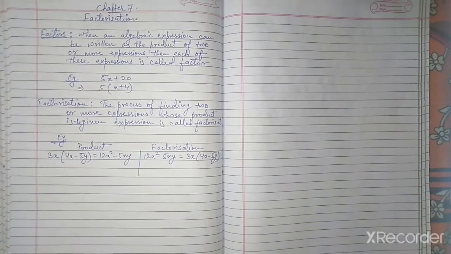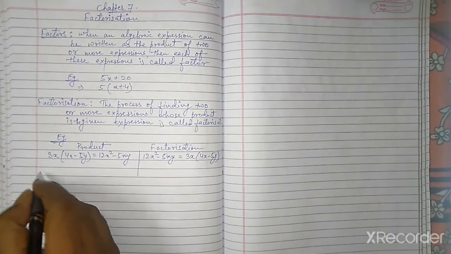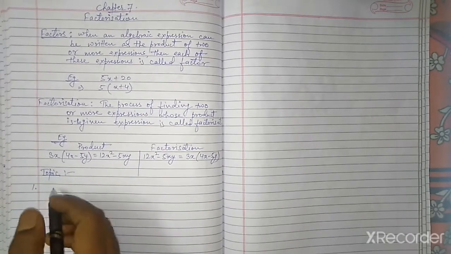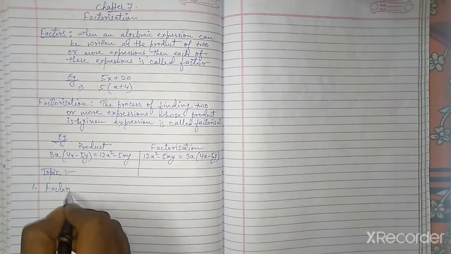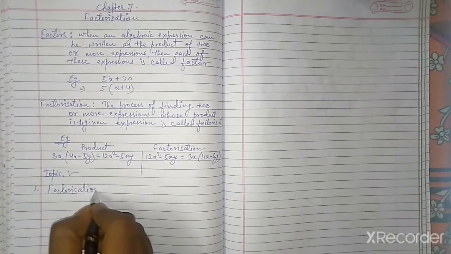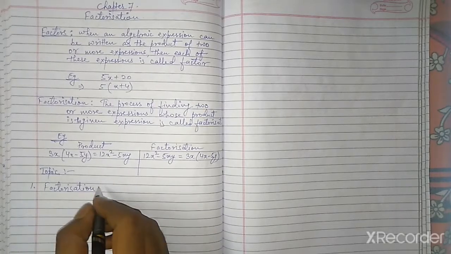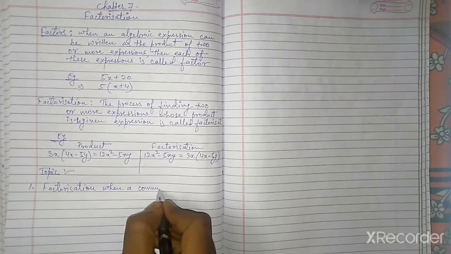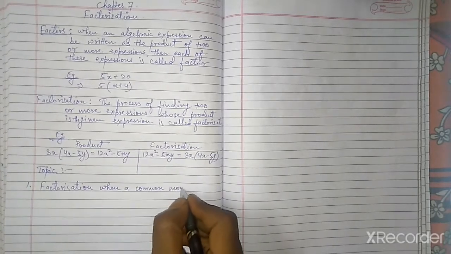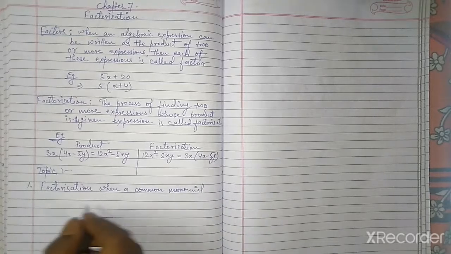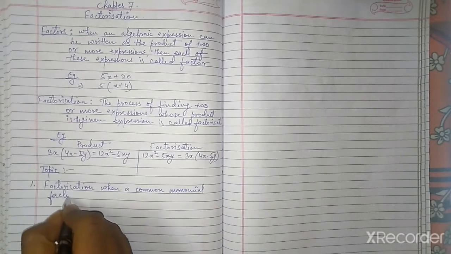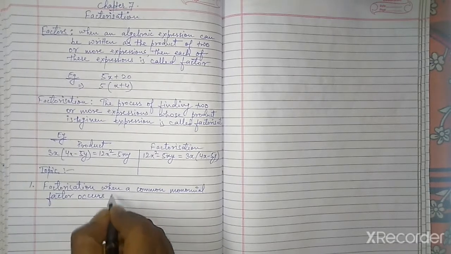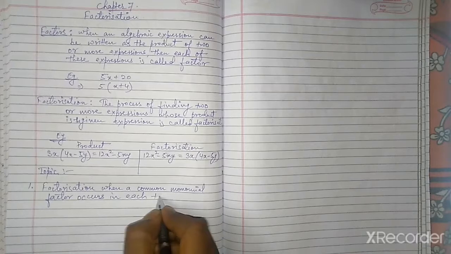In this video, topic number 1 is factorization when a common monomial factor occurs in each term.